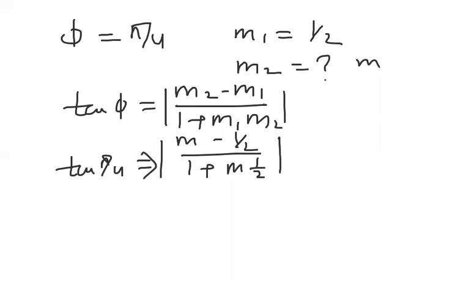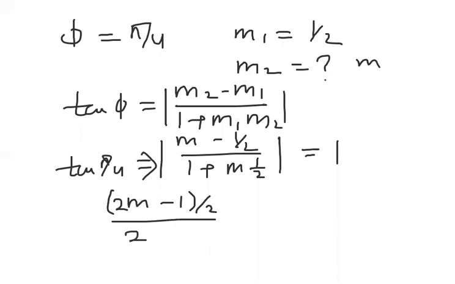The value of tan pi by 4 is 1. If we remove the mod from the left side, taking the LCM also, it will be (2m minus 1) by (2 plus m) equals plus or minus 1. If we remove the mod from the left hand side, on the right hand side we get plus minus.